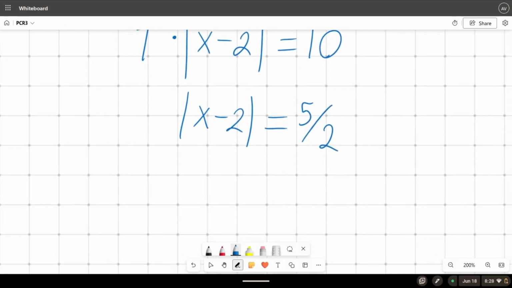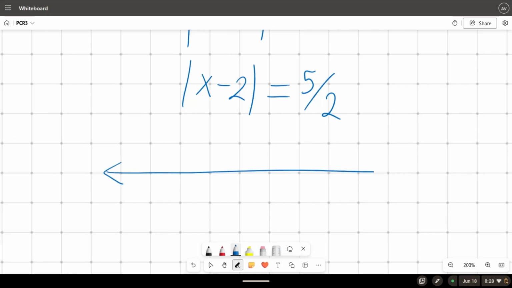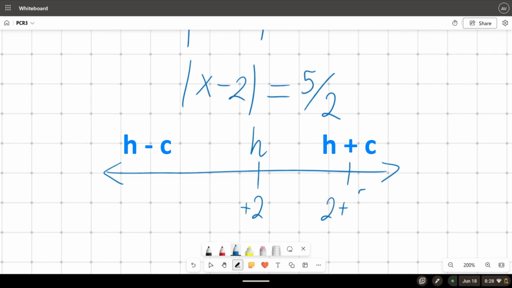Now we're in the form absolute value of x minus h is equal to c, so we can use the distance approach. I'm going to draw a number line for this example just to remind you guys. I won't do that for the future examples though. Our center point h is positive 2. Then we go 2 plus our distance c, 5 halves, and we subtract 2 minus 5 halves.